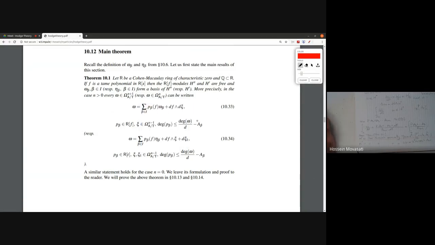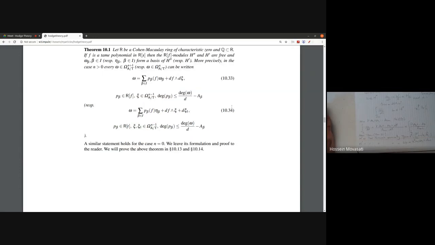So they are bases, but at the end, when I want to write omega in terms of omega betas, they are in the Brieskorn module H prime. So there are some F's also, modulo these guys. And then there is some statement about how these must look. But just don't worry about this.